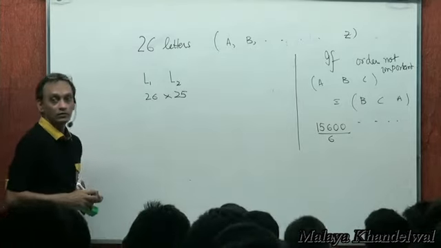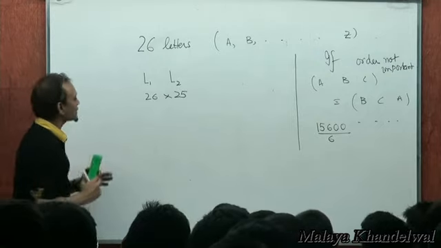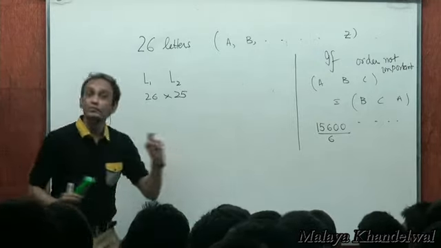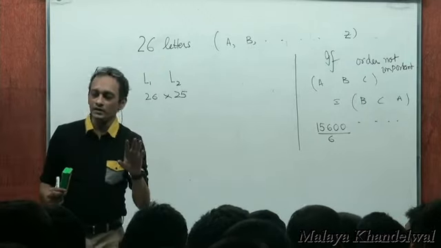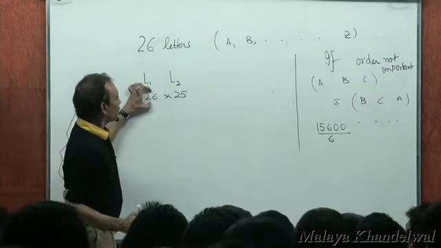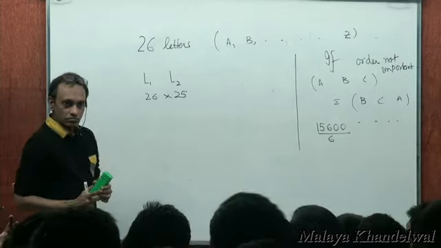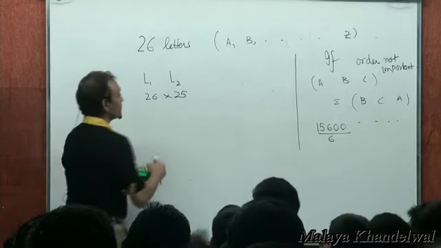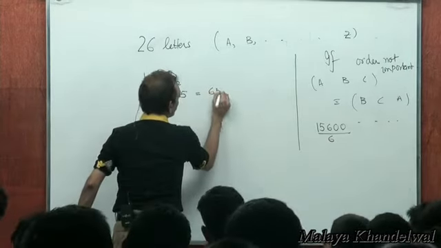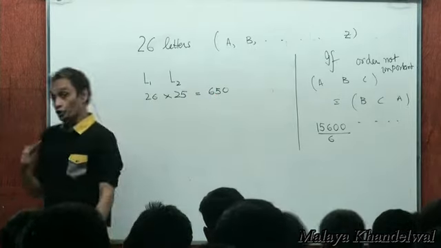Now, what is important is that in this count of 650, the order is important.